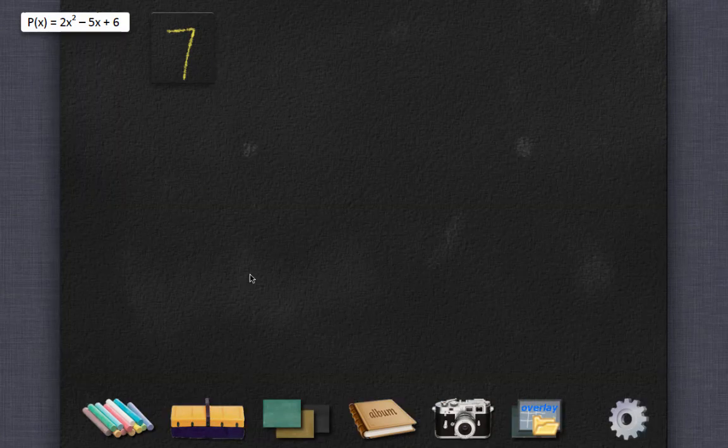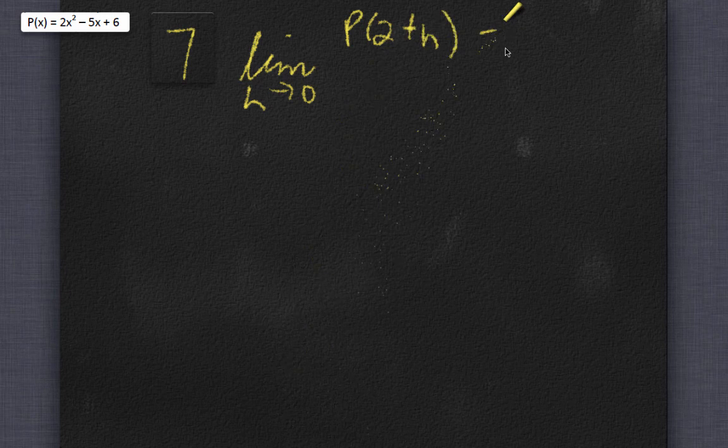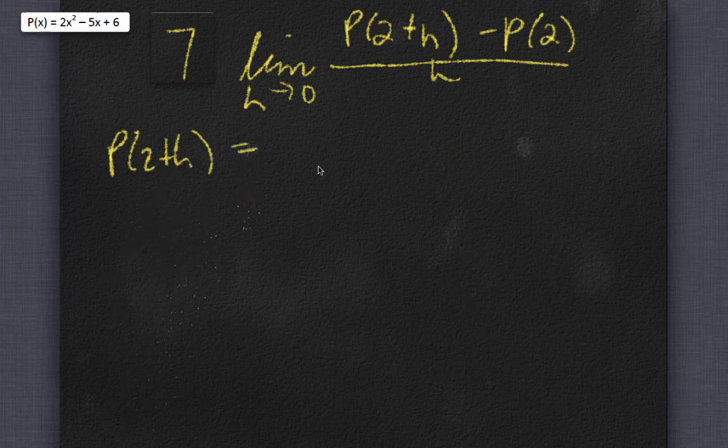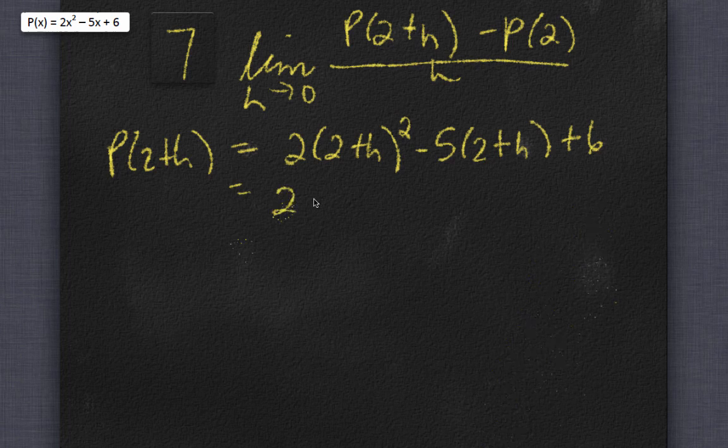So I hope I didn't make an arithmetic error, but now we want to do marginal at 2. Okay? So the limit, as h approaches 0, P of 2 plus h minus P of 2 over h, so P of 2 plus h is plus 2h plus 2h.